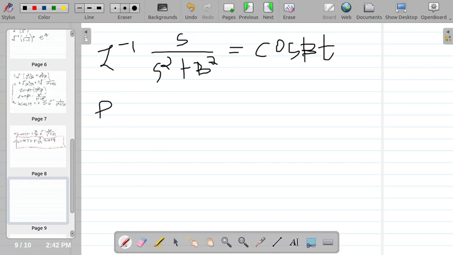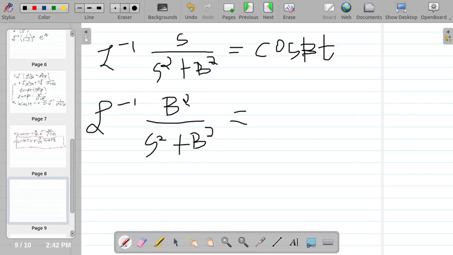Then the inverse Laplace of beta over s squared plus beta squared is just equal to sine beta t.